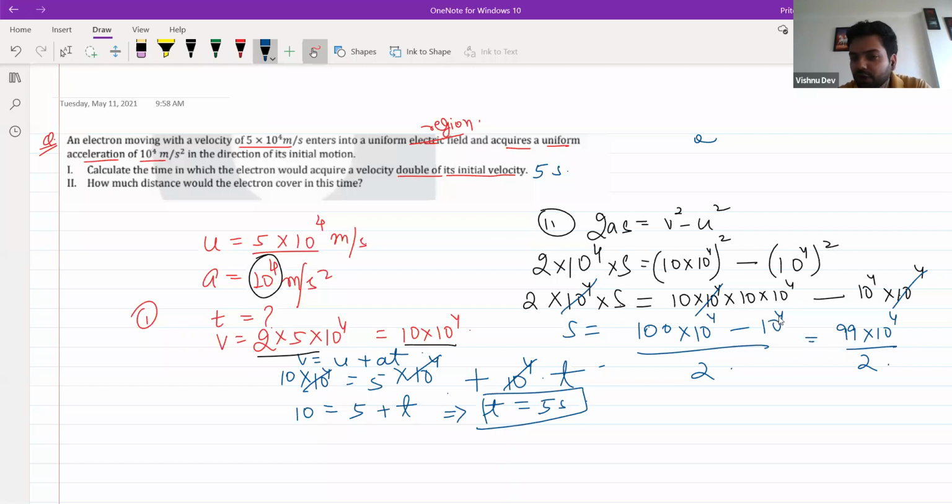Okay, I took 10 to power 4 as common, right? Then I'll get 100 minus 1 by 2. So this is 99. So it depends, student. It's not like you always have to follow this kind of process to get the result. Instead, what I could have done is find the result separately and subtract that. Being very basic, I would have done that.